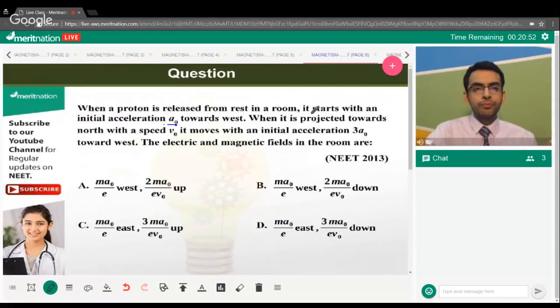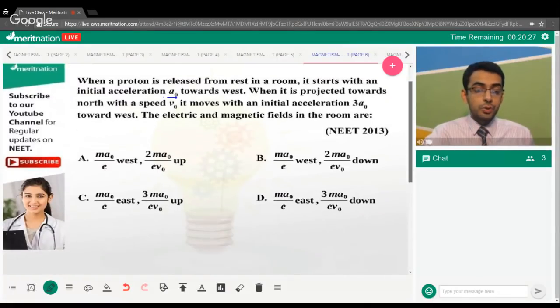So the proton was initially at rest. So it starts with an acceleration a naught towards west. This means the acceleration a naught that's coming to the west is only because of the electric field. So yes, now we can do one thing.